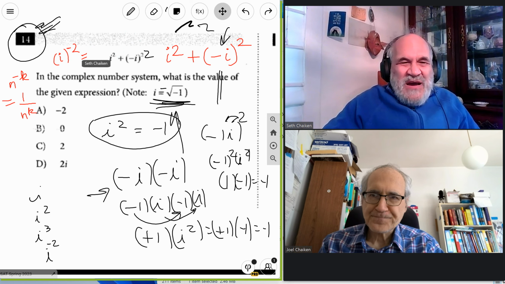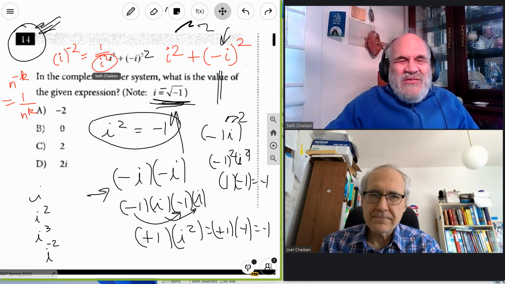So i to the minus 2 is 1 over i squared. So you bring everything down so that the only appearances of i are i by itself, i squared, maybe i cubed.